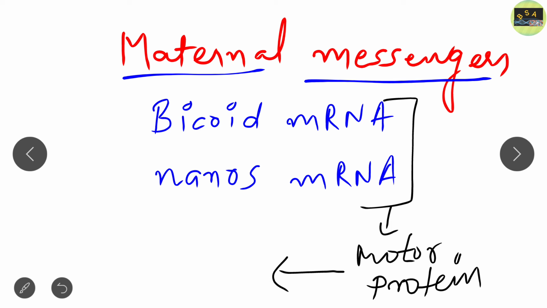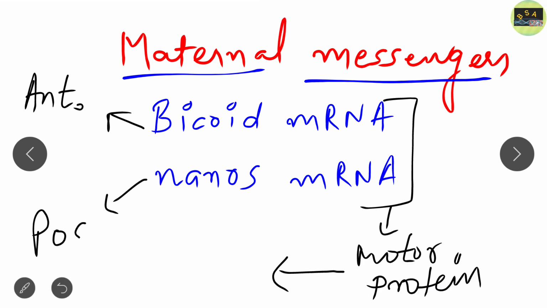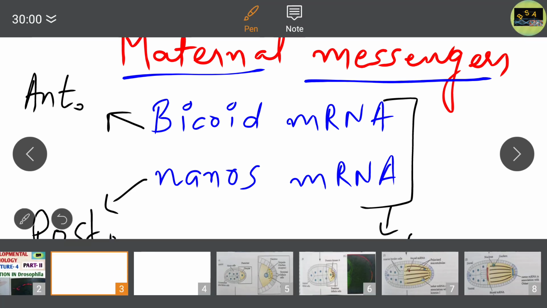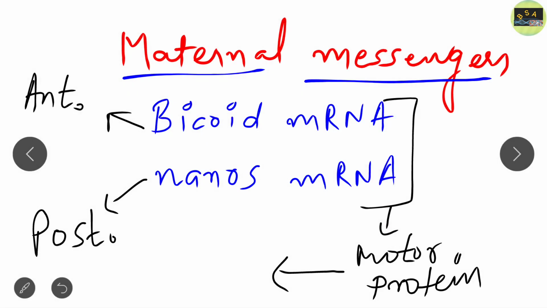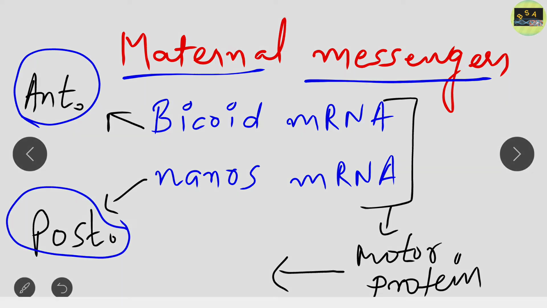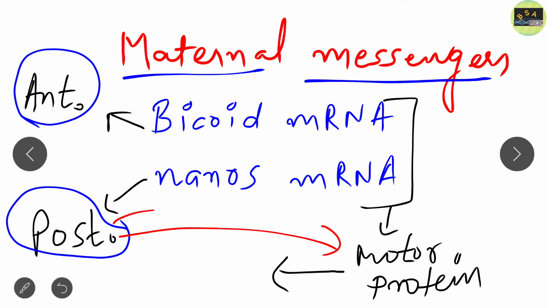It means bicoid is carried to the anterior end and nanos is carried to the posterior end, by the motor proteins along the microtubule.